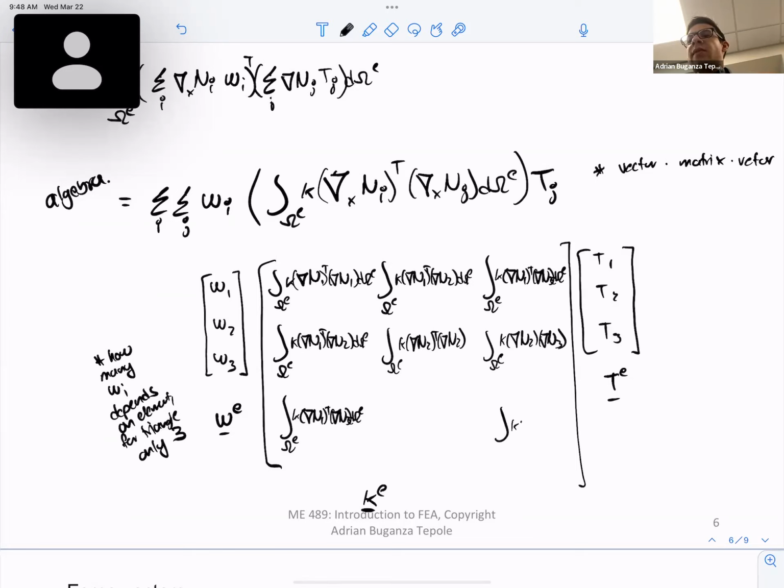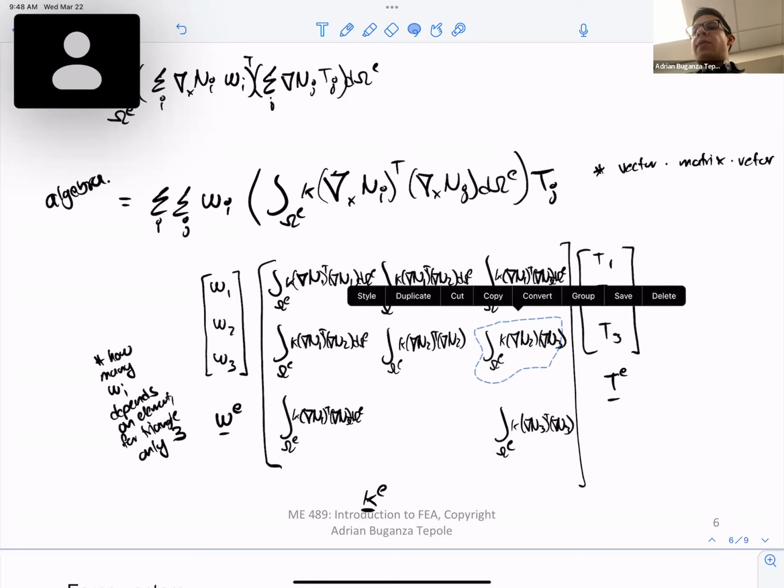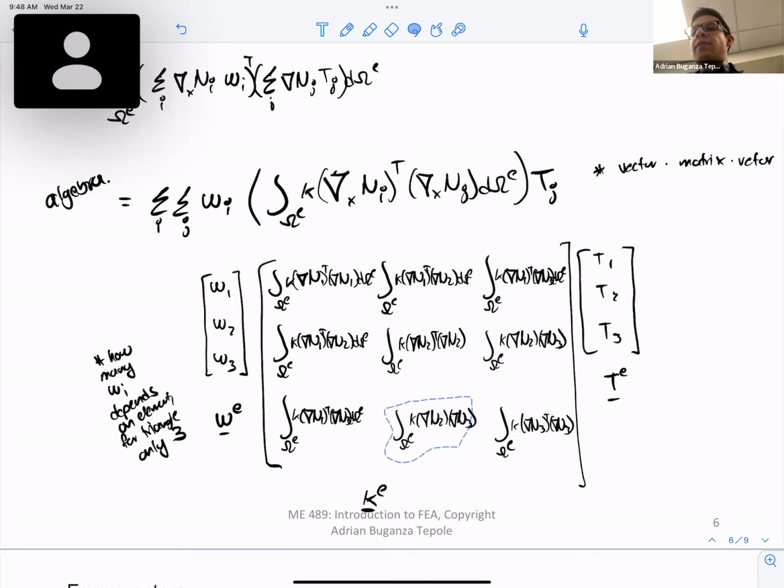And this one is gradient of shape function 3 times gradient of shape function 3. And this one is just the same as this, because these are symmetric. So that is the stiffness matrix for the heat transfer problem for the triangle.